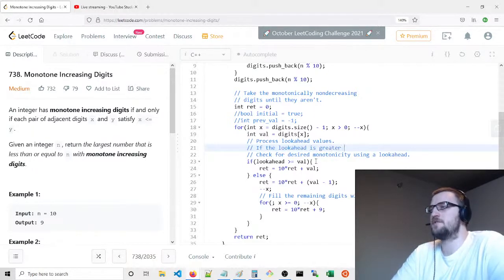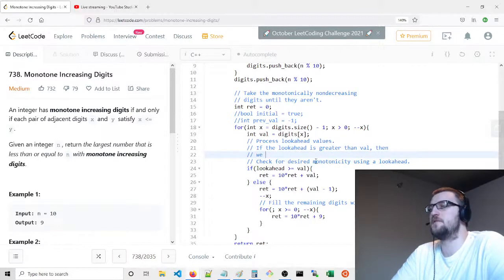Is greater than val, then we can, to that point.